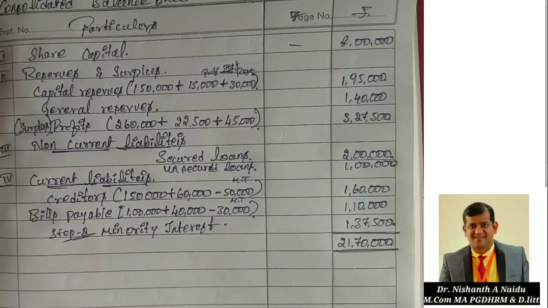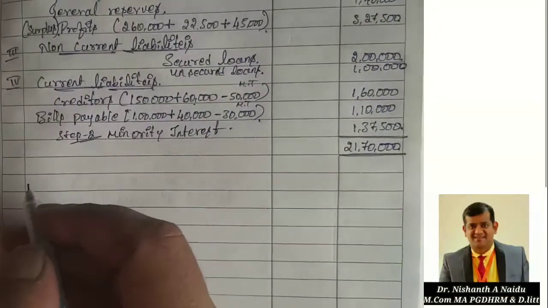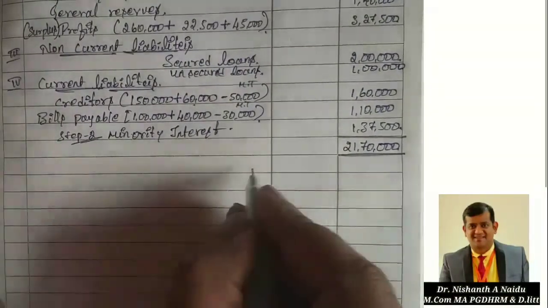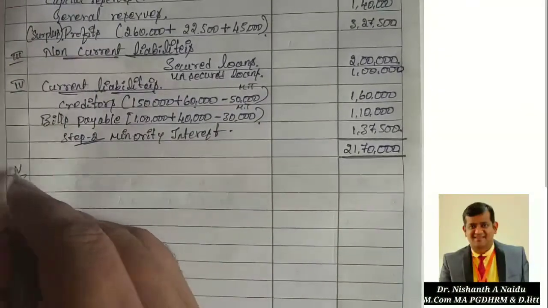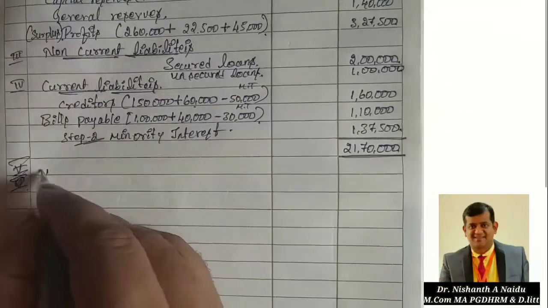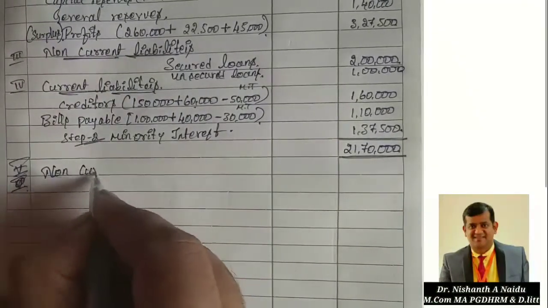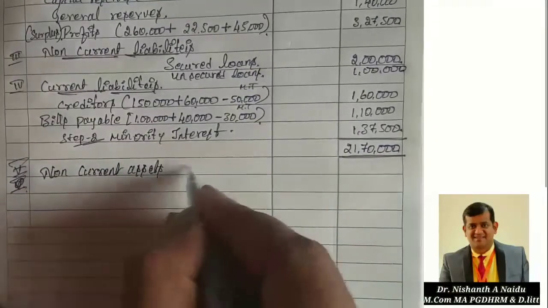Now let us go for the asset part. We are going to the fifth step, non-current assets, which is nothing but fixed assets.